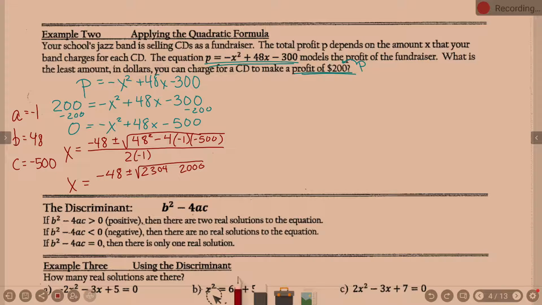A negative times a negative times a negative, it's going to be a negative. 2 negatives multiplied give a positive, but then when you multiply another negative, you're back to negative. Fair. All over negative 2.